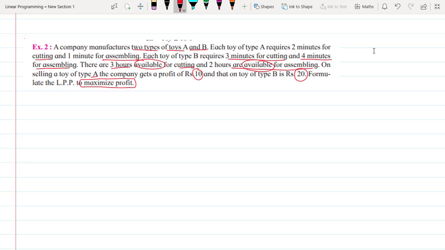This is important. Now I hope you have noted down what the variables and the constraints are. Always read the last sentence to get the decision variables. Decision variables means the number of toys or the number of units I want to manufacture. So in this case, what are the decision variables?